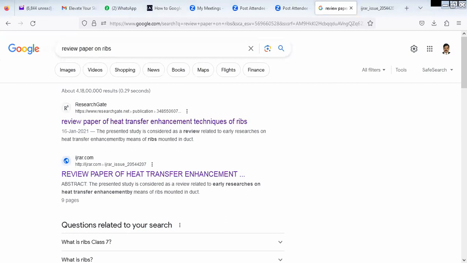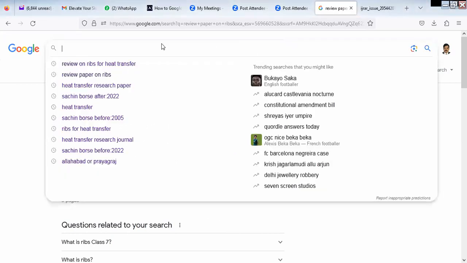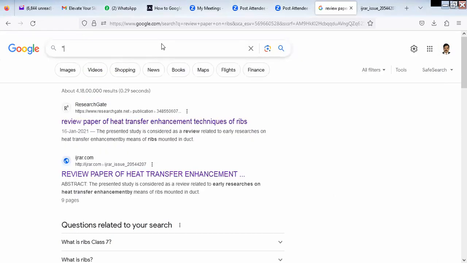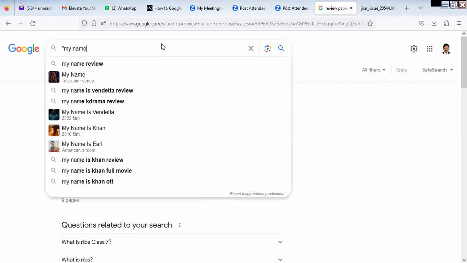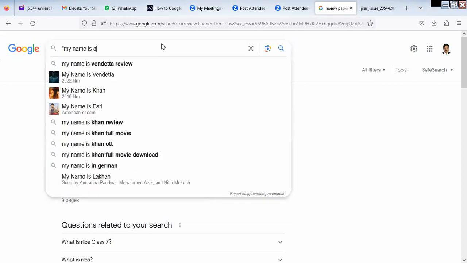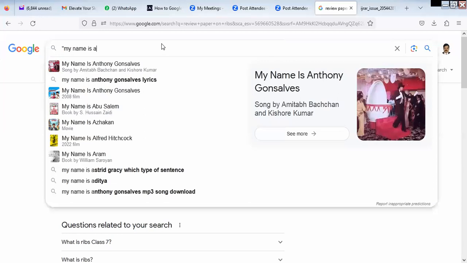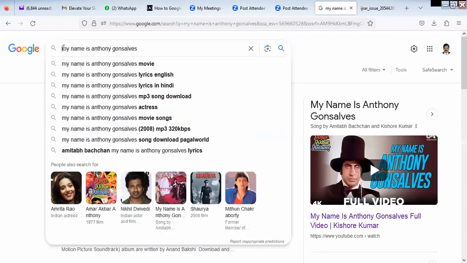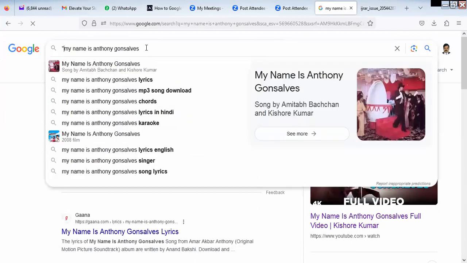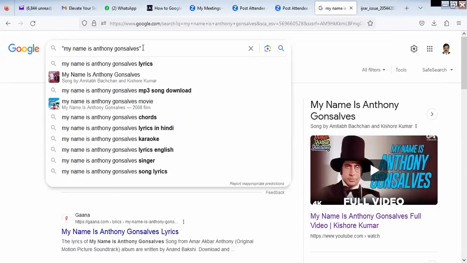When I want to search an exact word, suppose I want to search an exact phrase, what we have to do is put that in quotes.